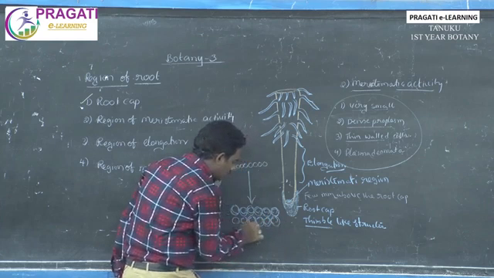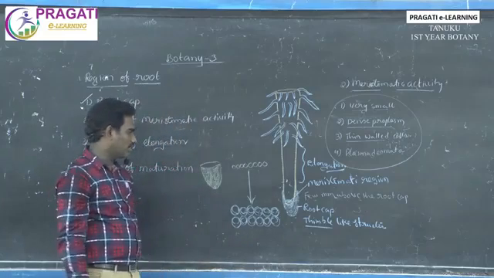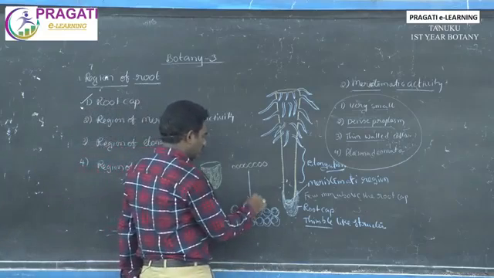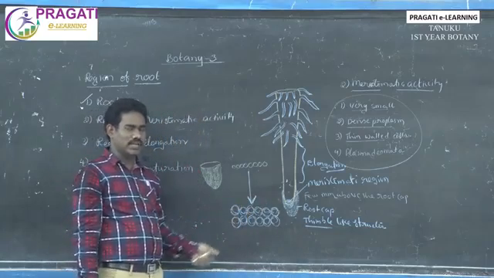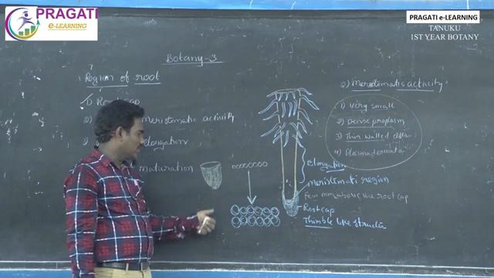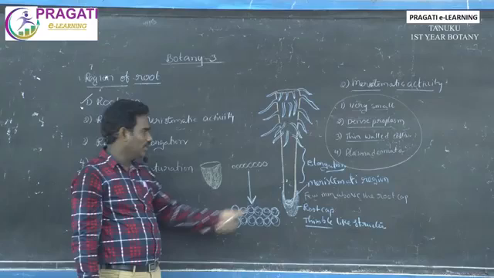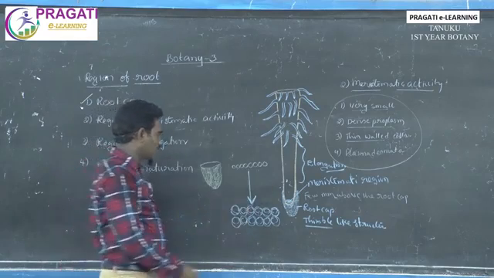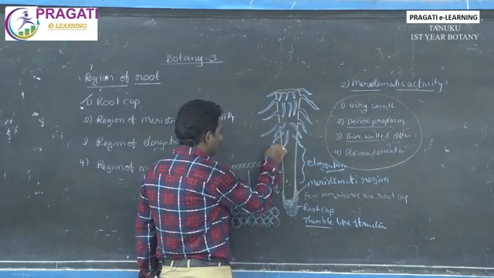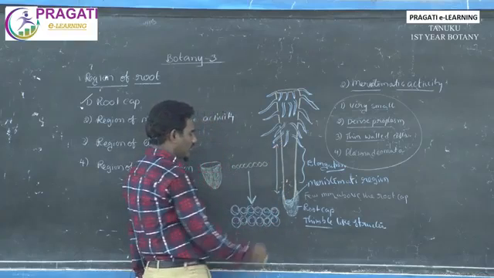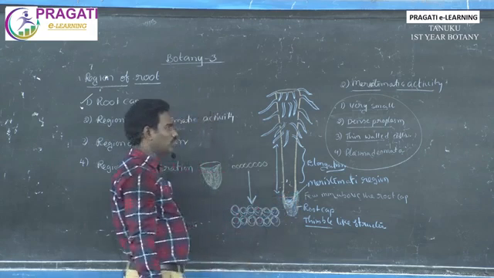It is the maximum increase of cells, called the region of elongation. This is the meristematic region, and this is the root cap.